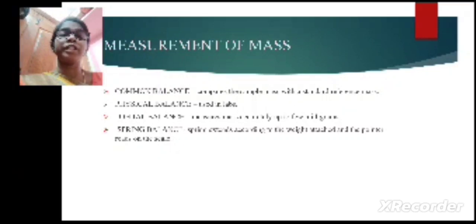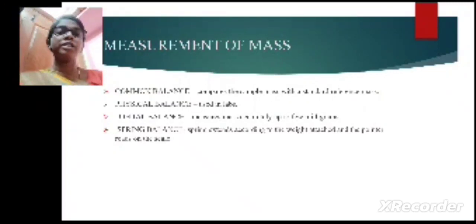The spring balance has a hook at its end, and the material whose mass is to be measured is hung on the hook, and the spring extends according to the weight attached, and the pointer reads on the scale. Likewise we can measure the mass of the object.